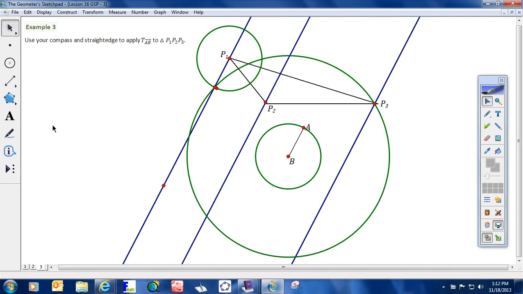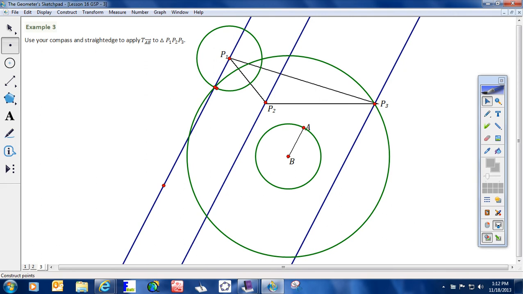Now I can apply this distance from A to B to all 3 of these. So I use my compass, find the distance from A to B, take the circle, apply the length, and find the image. How do I do that?